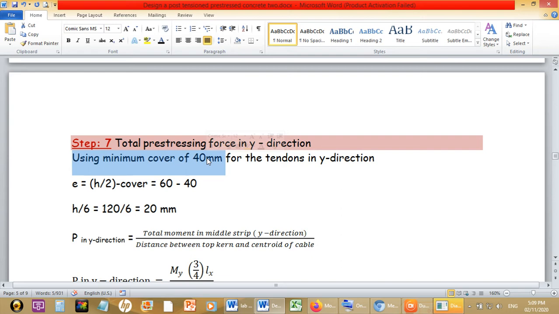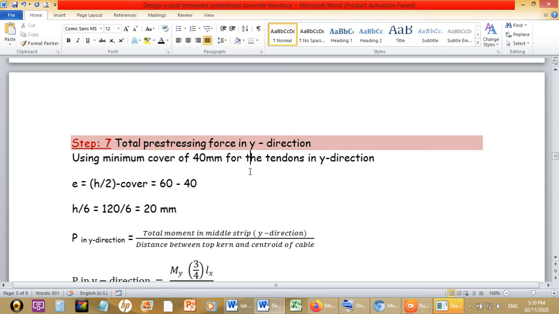Why is this so? The reason is simple, because these two tendons are going to overlap. One is going in the x direction, another in the y direction, so definitely they are going to overlap with each other, and to take care of that overlapping, we provided the extra 10 mm. Then the question may arise, why not 20 mm, why 40 mm?